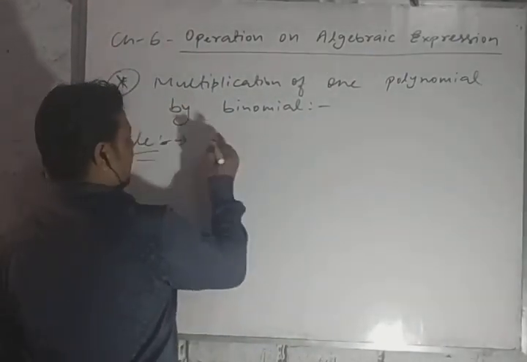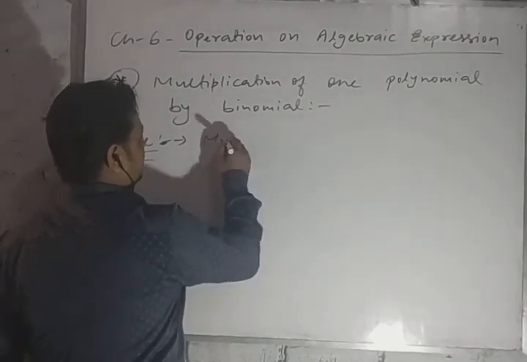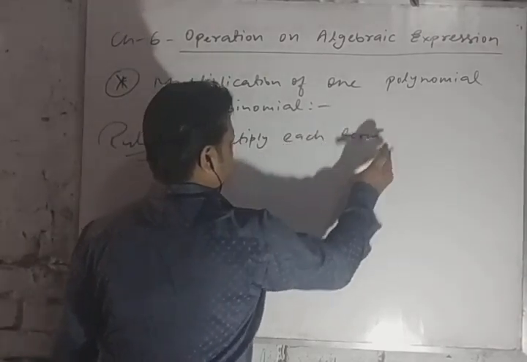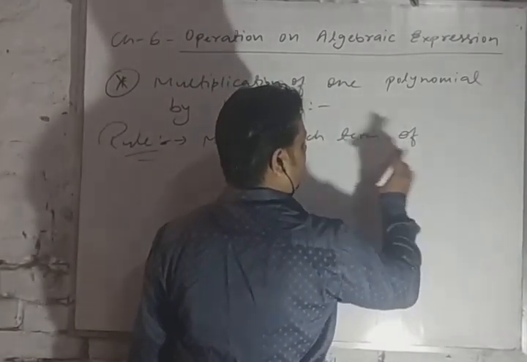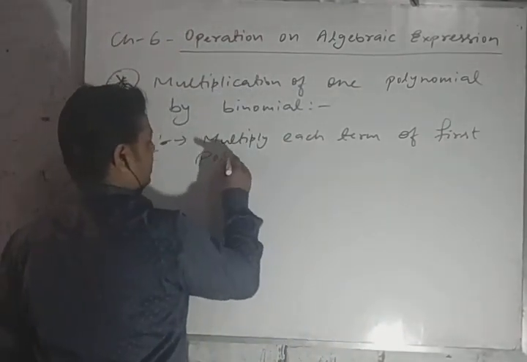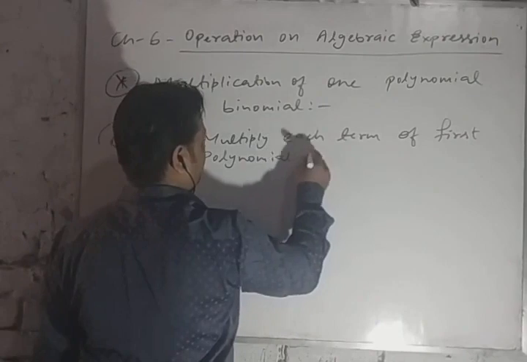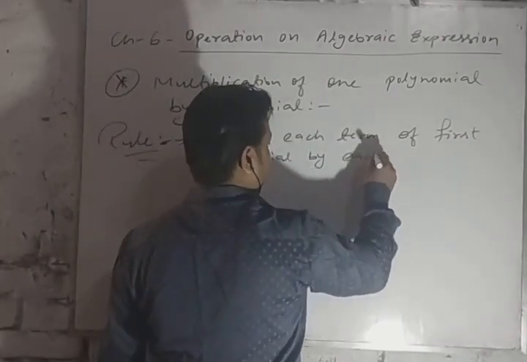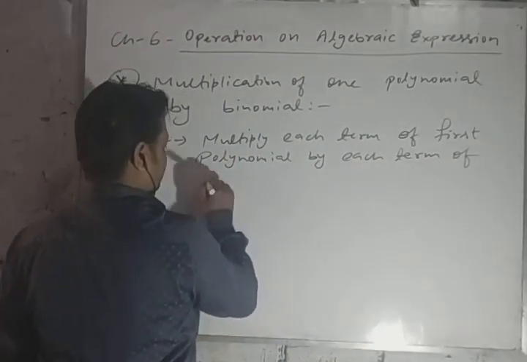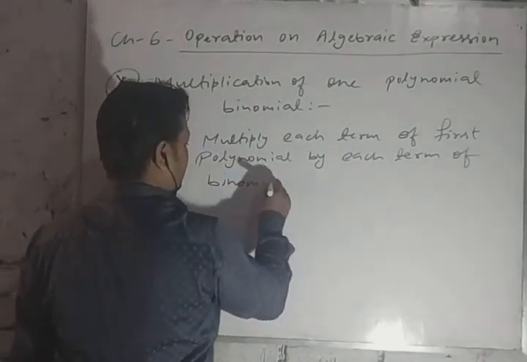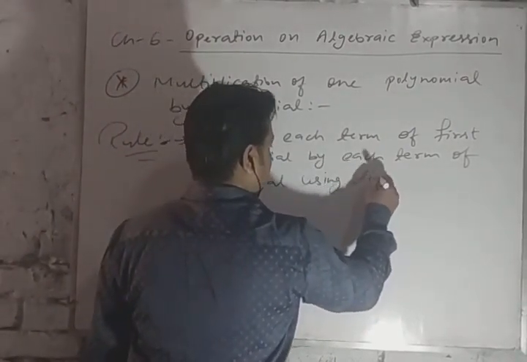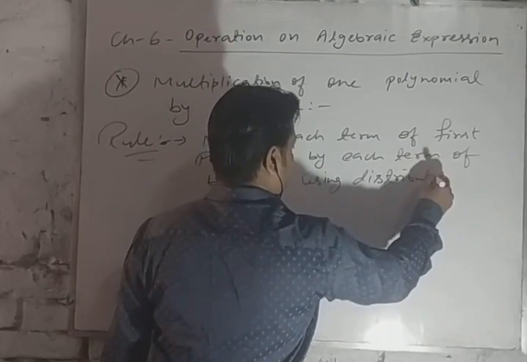Okay, so the rule is: multiply each term of the first polynomial by each term of the binomial using the distributive law.